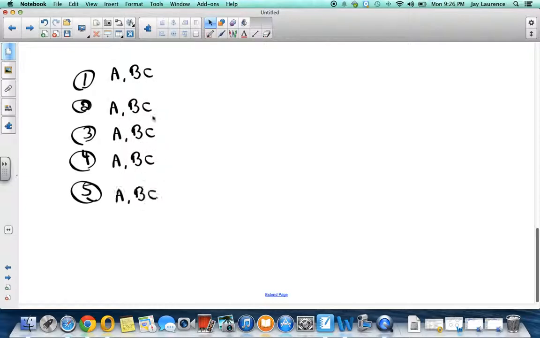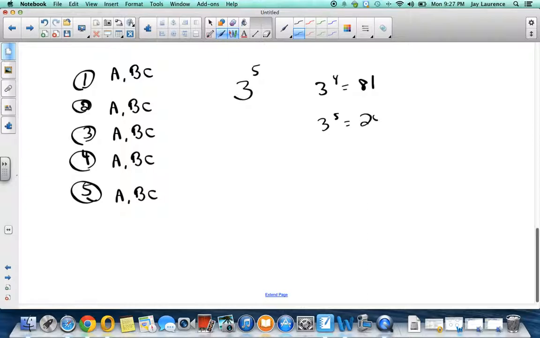All right, well, if I'm following what I said before, each question has 3 outcomes, and there's 5 questions, 3 to the 5th power. I know 3 to the 4th is 81, 3 to the 5th must be 243 different outcomes. Yeah, way more than you thought.